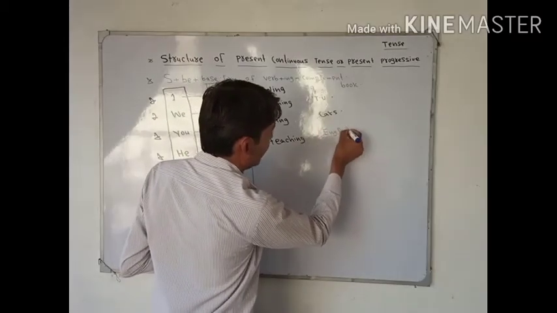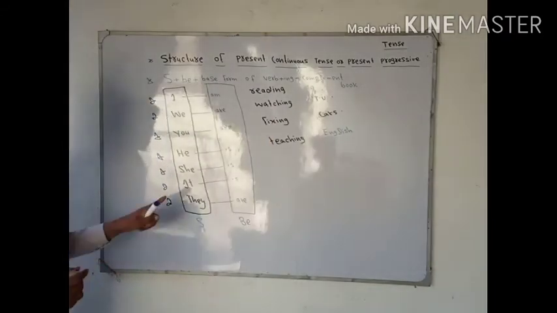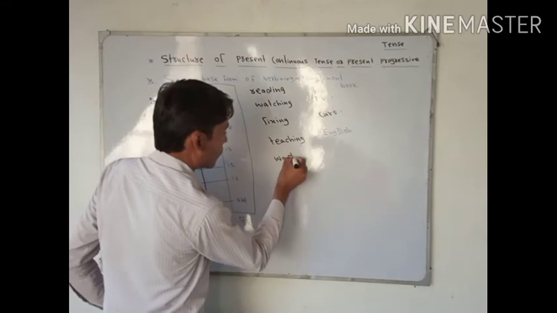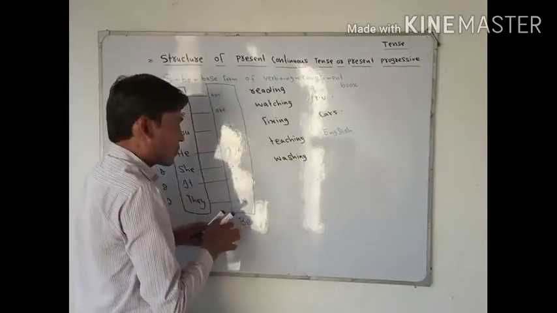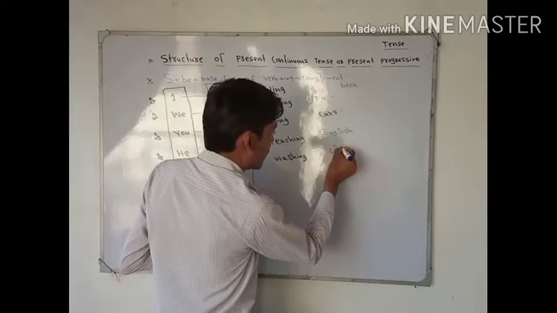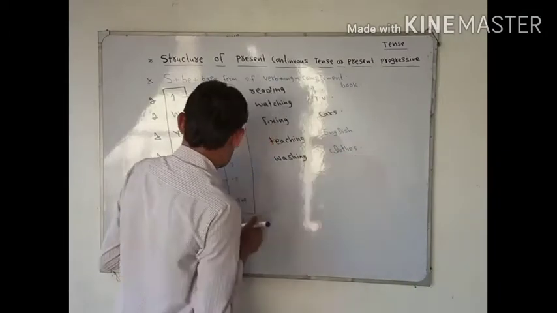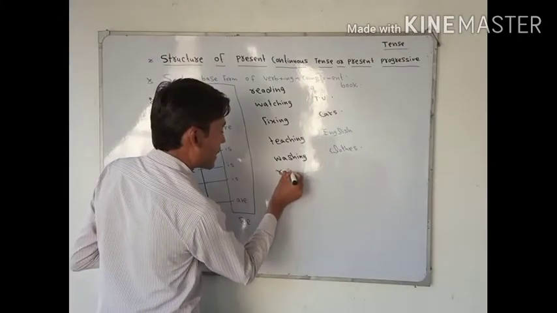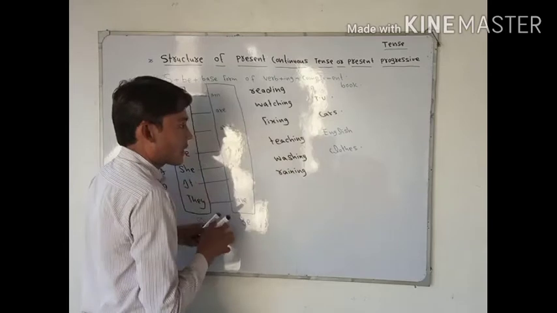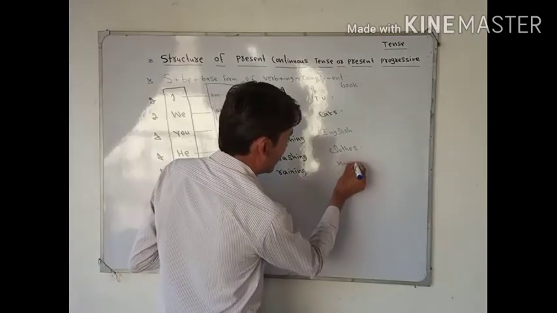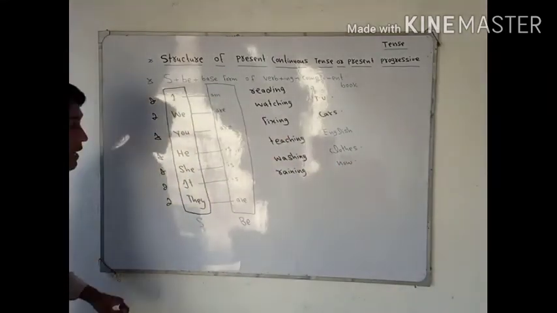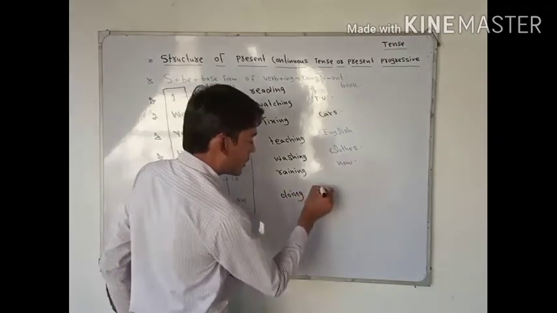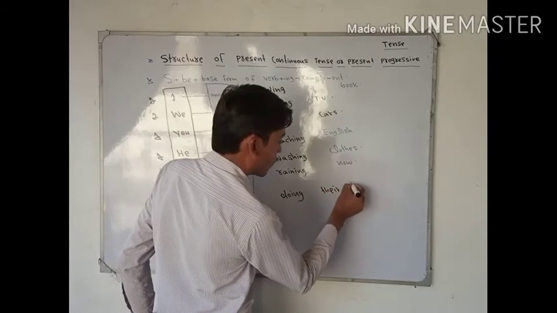If we talk about the next one, she is washing clothes. If we talk about it, it is rain, so we will add ing: raining now. It is raining now. And if we talk about they, they are doing their homework.